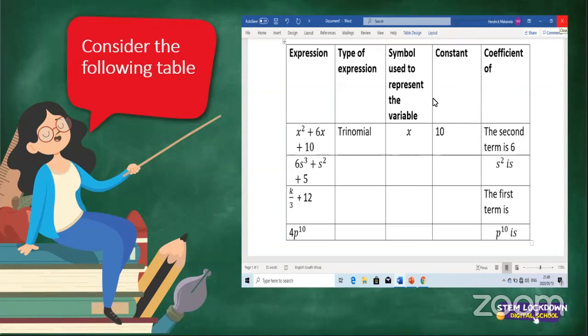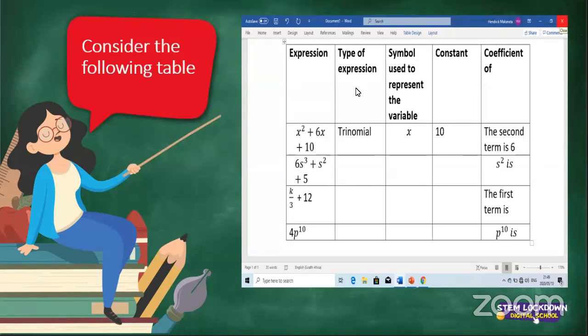So basically, in this table, we have filled in all the columns for the first expression. We have found the type of expression, the symbol that is used to represent the variable, the constant term, and the coefficient of the second term.